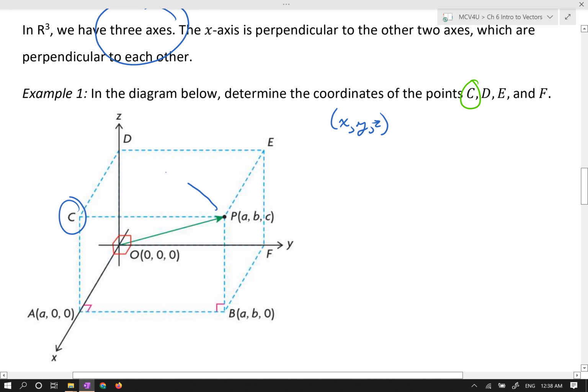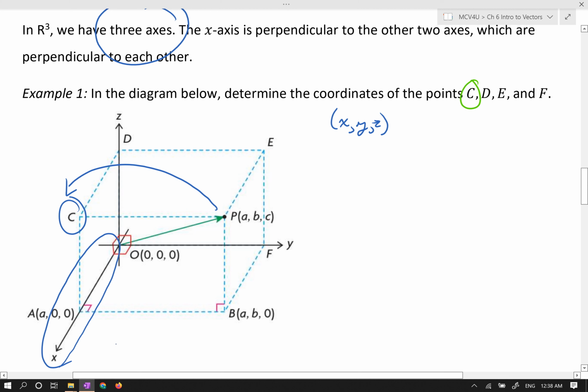So if I'm trying to find point C, which is given by a capital C, and I wish they didn't overlap like this, but they do. If I'm trying to find point C, then I can do so by asking, okay, what is the x-coordinate? Along my x-axis, how far do I go?